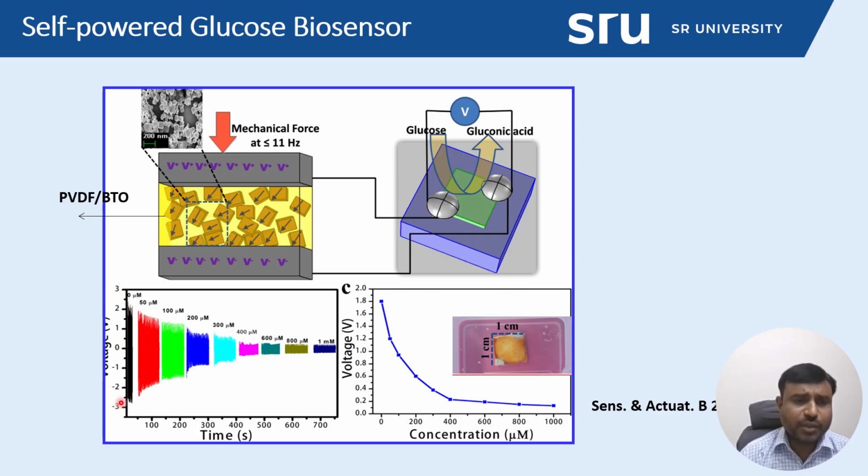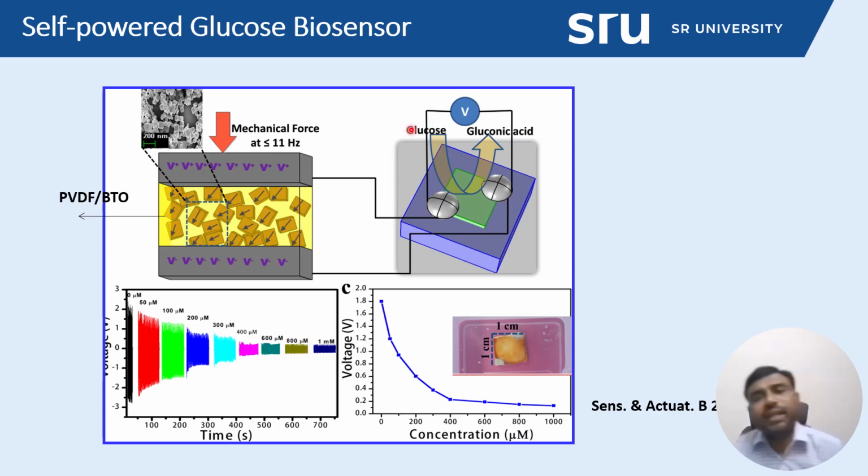In the initial state, without any glucose, it gives a maximum voltage of plus 2 to minus 2 volt. When adding 50 micromolar of glucose, we observe a mild decrease in the voltage. Further, as the concentration of glucose increases, the output voltage of the nano generator gradually decreases.